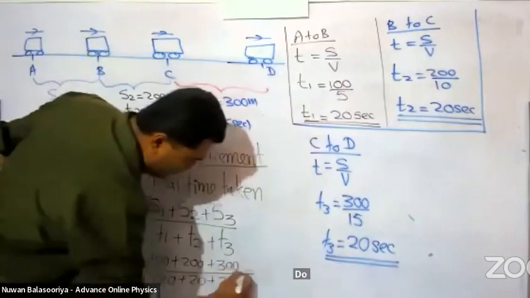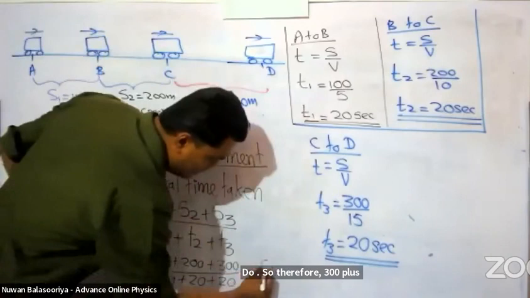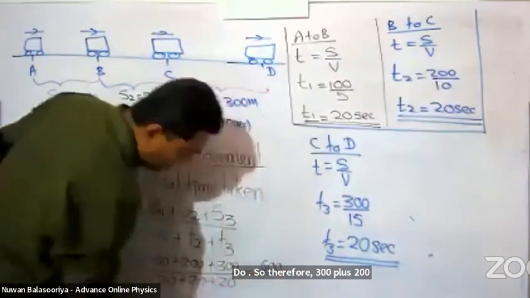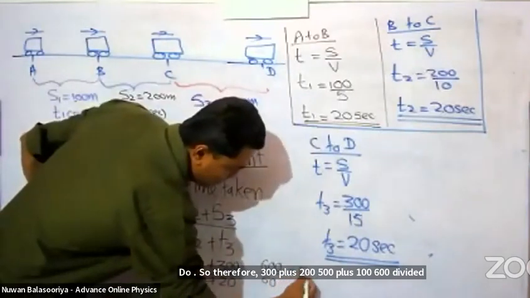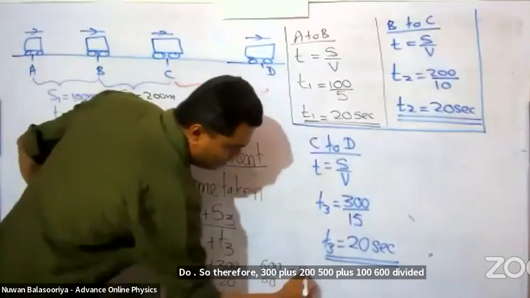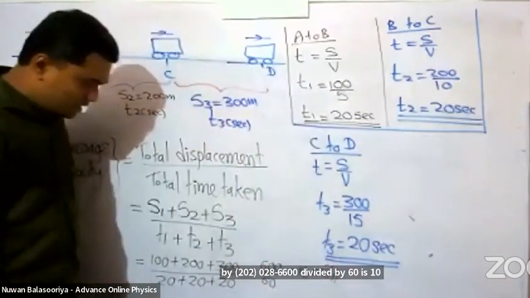So therefore, 300 plus 200 is 500, plus 100 is 600, divided by 20 plus 20 plus 20, which is 60. 600 divided by 60 is 10. 10 meter per second is the average velocity.